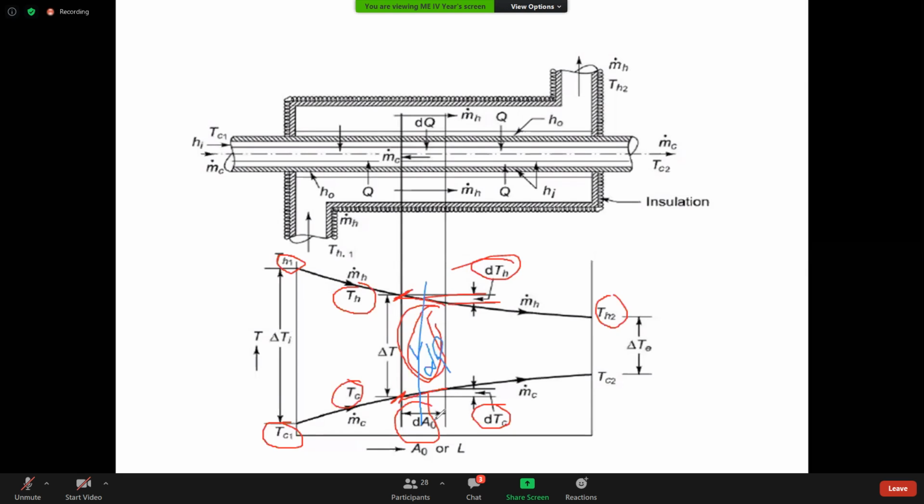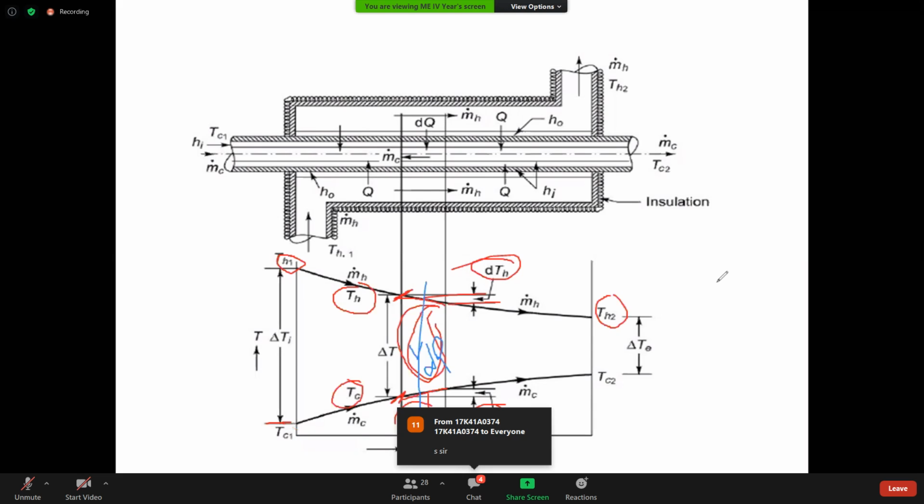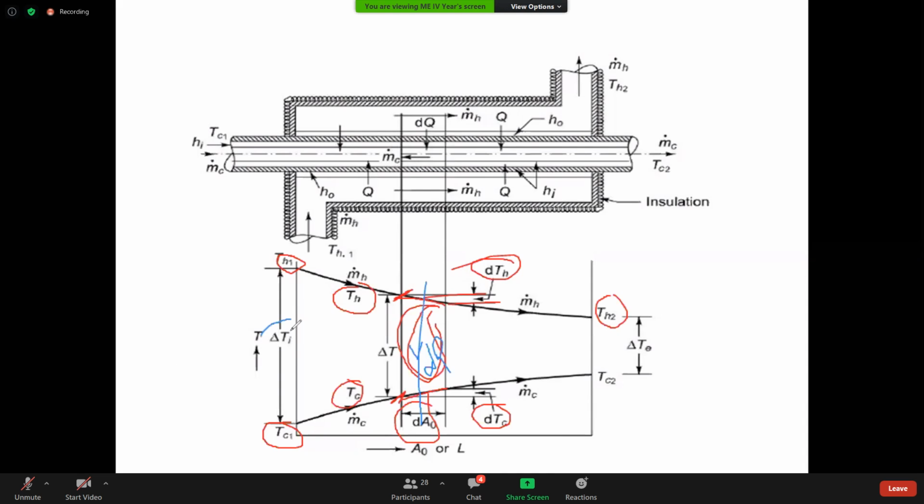That dQ, let us find out. Find the elemental area, then integrate from 0 to l, and we can get it for the entire length. The student is given delta Ti and delta Te. I wrote this as theta 1 and this as theta 2. Don't bother about the notations.